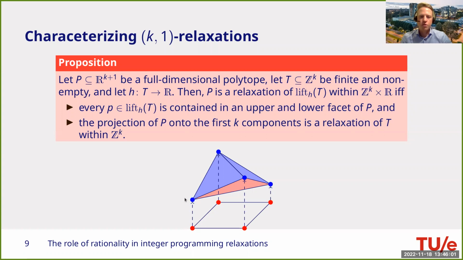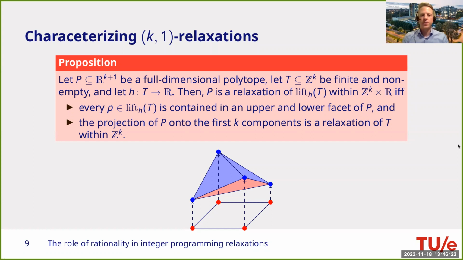So for instance, if we consider this blue point here, then this blue facet and this red facet both contain this point. And if we project the higher dimensional object onto the first k integral coordinates, the projection of this polytope needs to be a relaxation of T with respect to the integer lattice. And this is an if and only if condition.